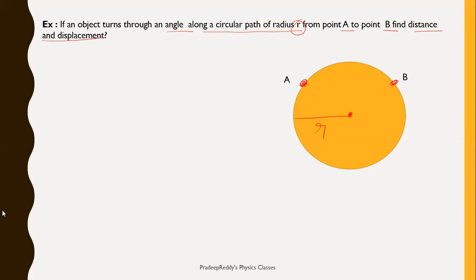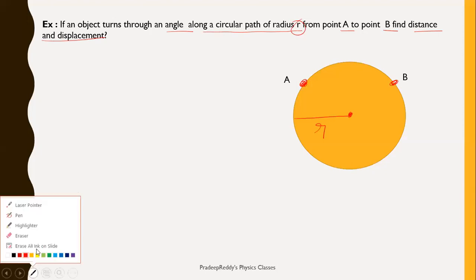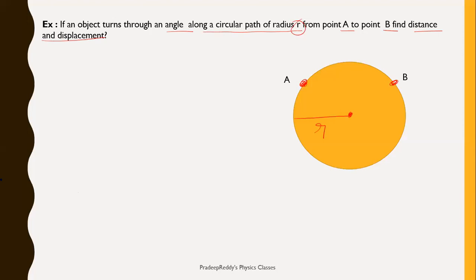This is a little bit tricky problem, but of course easy to solve. But you should have some basic mathematical knowledge in order to handle this type of problem. So first, let us see how to find out distance, and then we will learn about displacement. Where is the body initially?